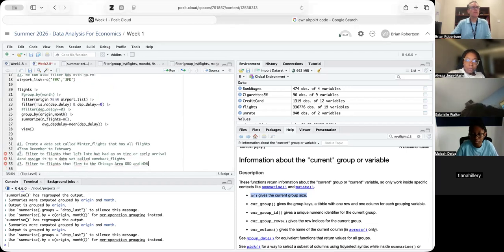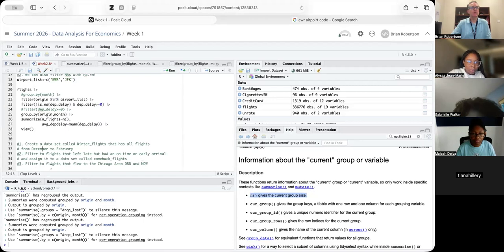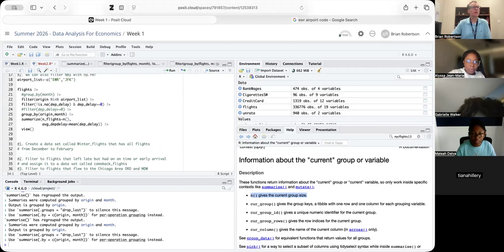Let's go ahead and create a new data set called winter flights that has all the flights from December to February. And I want you to filter the flights that left late, but had an on-time or early arrival. Let's just work on number one right now.